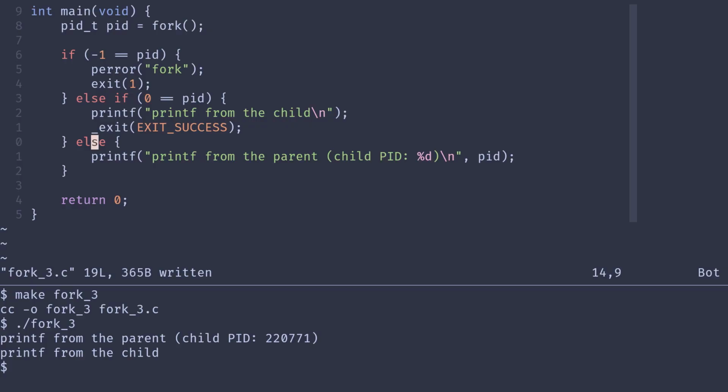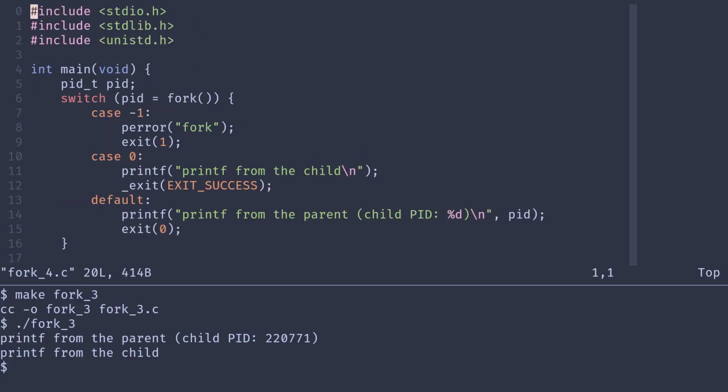Yeah? So very close. I'm glad you asked, because the very next example we'll see the common idiom for using fork, which is switch fork. I just kind of gave it away. But typically you don't use if else. You use this structure here. This is the switch fork idiom.